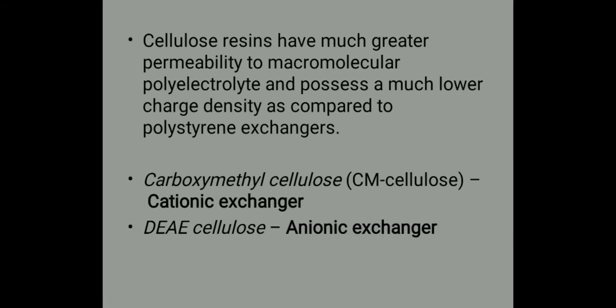Talking about some examples, carboxymethyl cellulose, CM cellulose, is a cationic exchanger. And next we have diethylaminoethyl cellulose, that is an anionic exchanger.